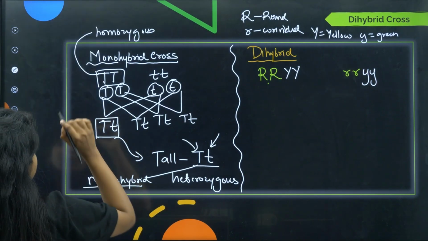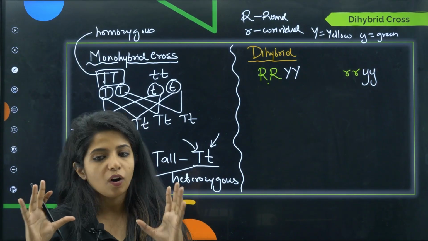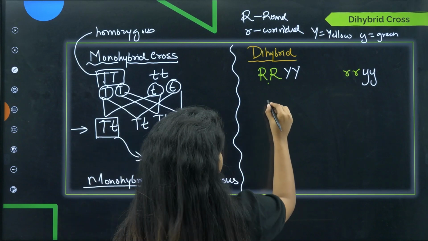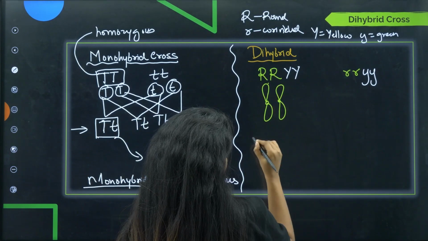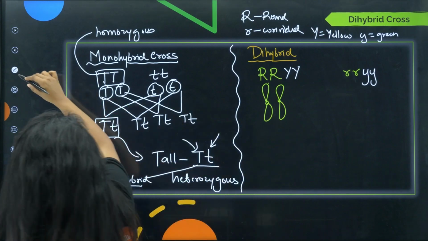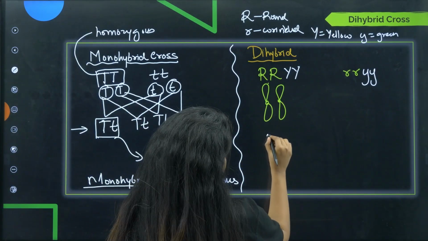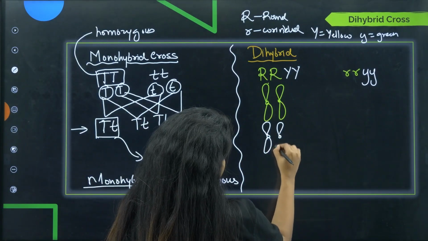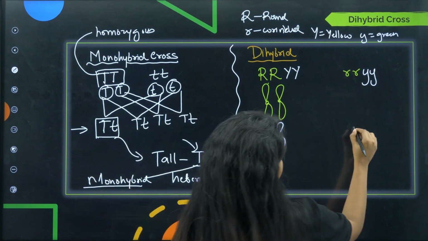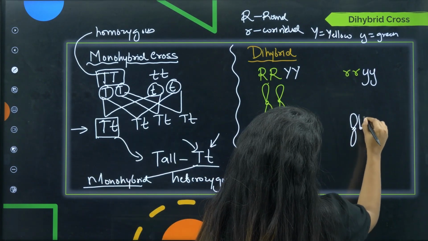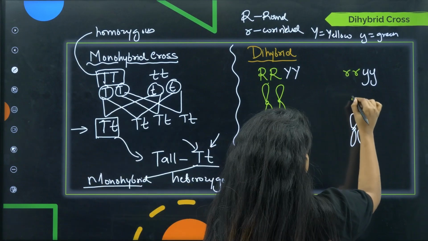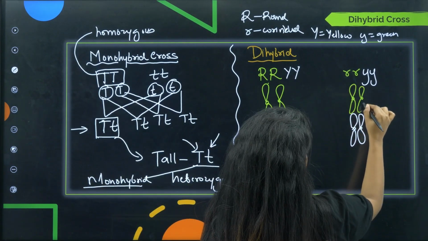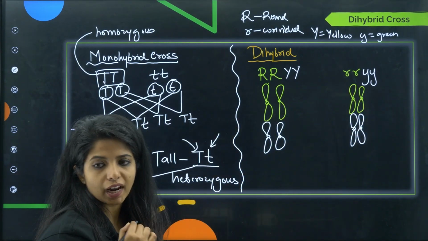Now you have to imagine this just like how I am telling you. So imagine that there is one chromosome over here, there is another chromosome over here. Similarly you have one chromosome over here, one chromosome over here. We know, right, chromosomes basically come in pairs and each pair will be having one allele. Either it can be same allele or it can be different allele.